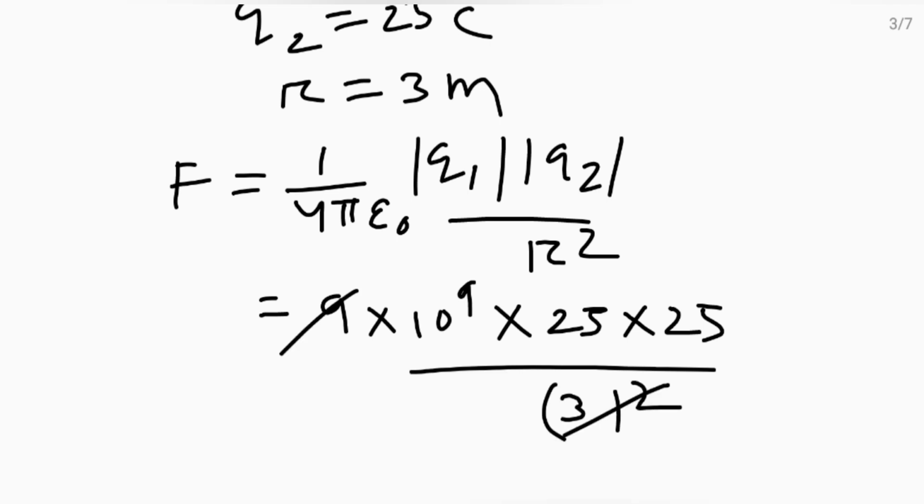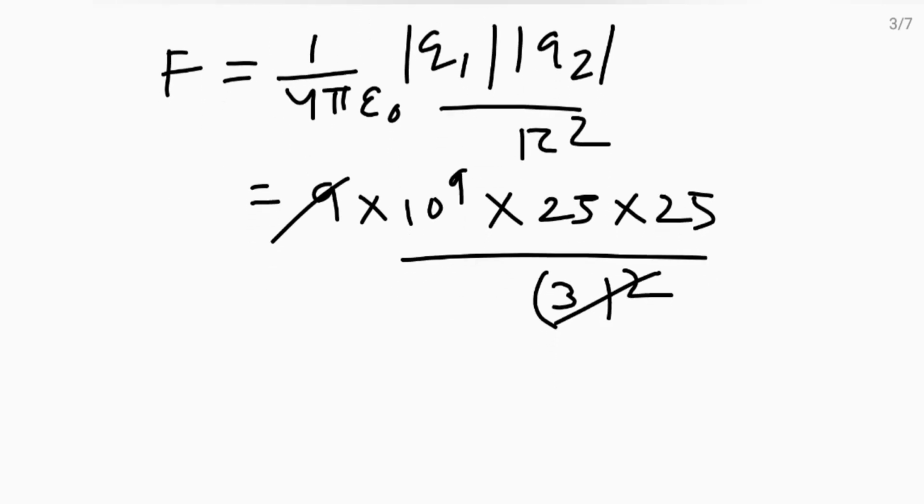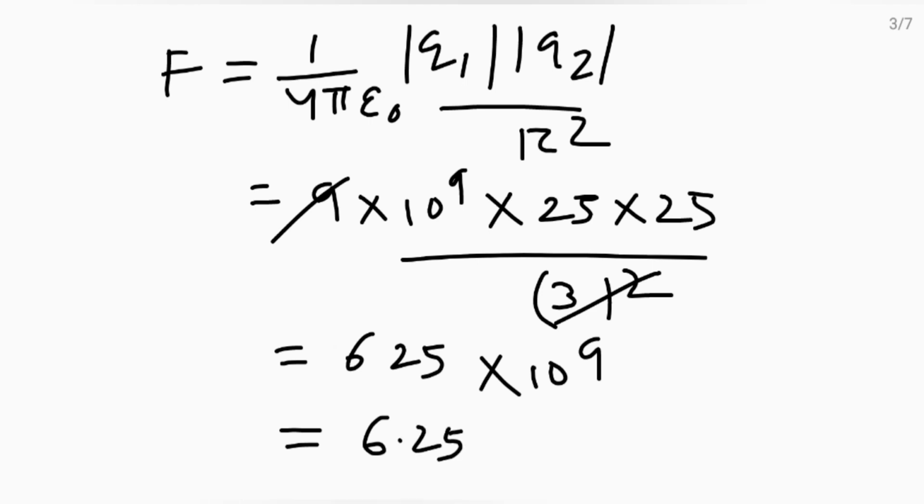This 9 will cancel, and 25 multiplied by 25 gives 625 into 10 to the power 9. Simplifying further, 6.25 into 10 to the power 11 Newton. So force between charged bodies A and B after contact will be 6.25 into 10 to the power 11 Newton.